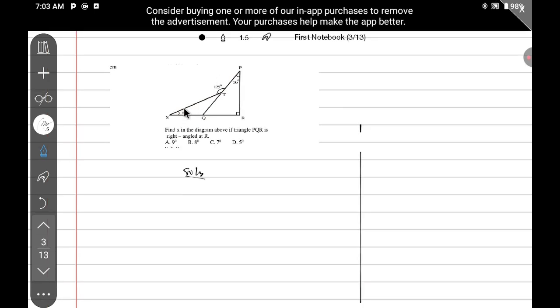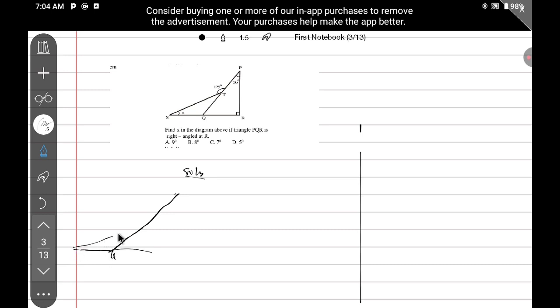You understand? If I should draw this triangle SQT, the diagram we have here, it will be in this format. So let me try to sketch it out here. We have the angle Q here, and we have angle S here.